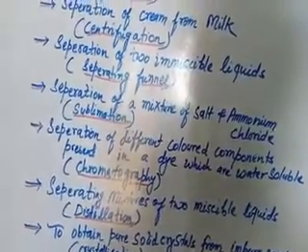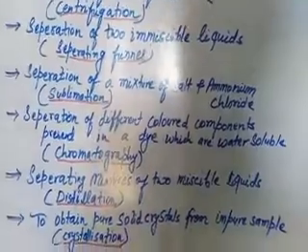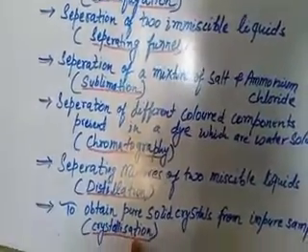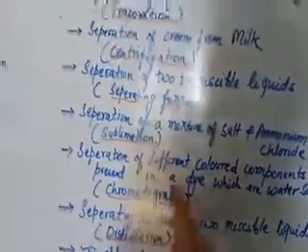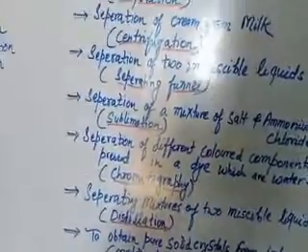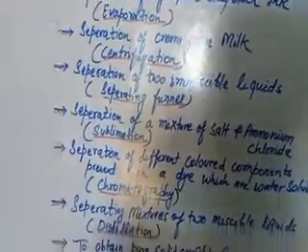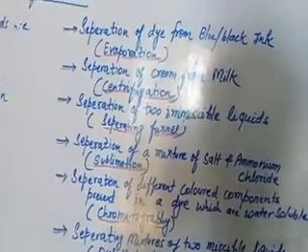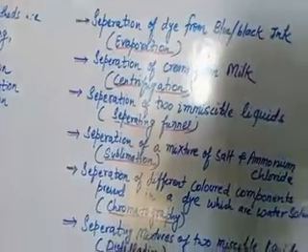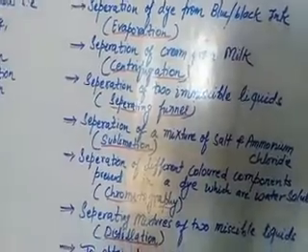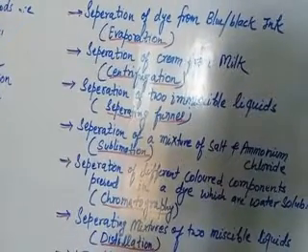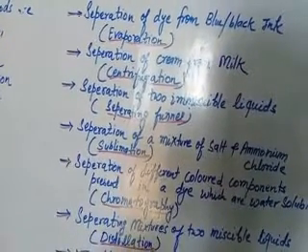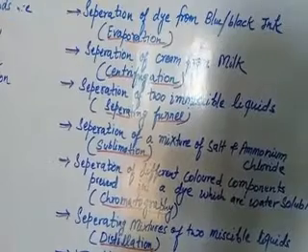We can get pure solid crystals from an impure solid by the process of crystallization. So these are some of the separation techniques that you have to study in this chapter. So we will study all the methods one by one. Next is separation of dye or colored component from blue or black ink.